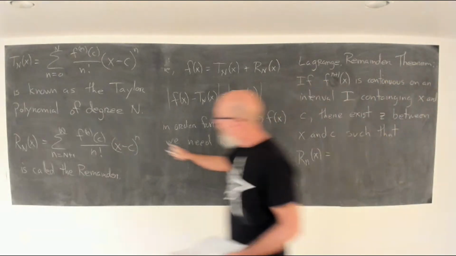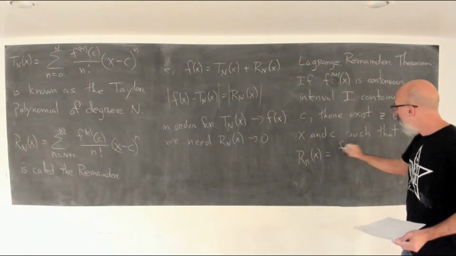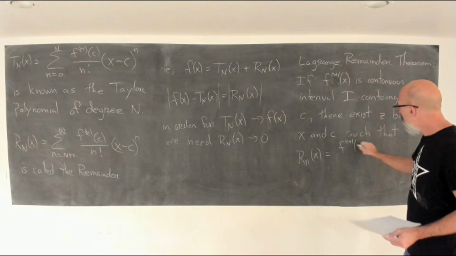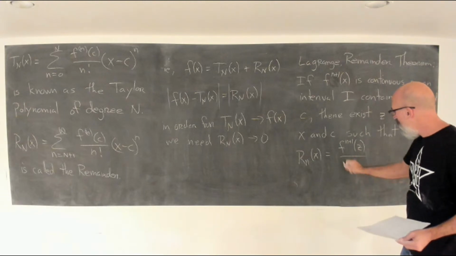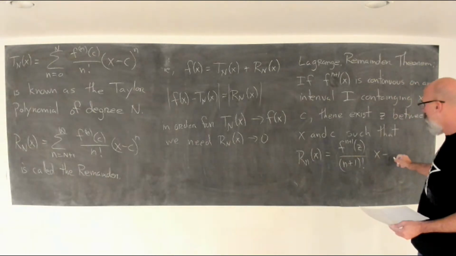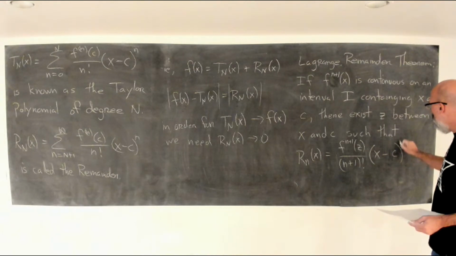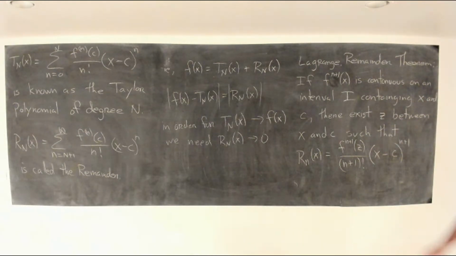So this big sum is equal to the n plus 1 derivative evaluated at z over n plus 1 factorial times x minus c to the n plus 1.